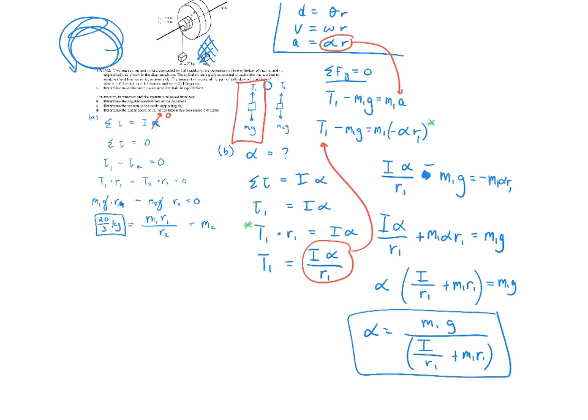Looks like we're going to get 1.96 radians per second squared. Okay, feel free to check my numbers just to make sure I typed it in right, but I did it real quick and it looks right. And I use 9.8 for gravity there. So that's going to give us the alpha value.